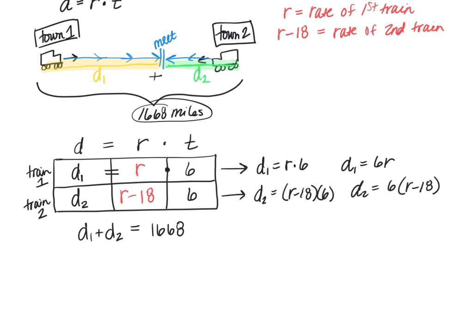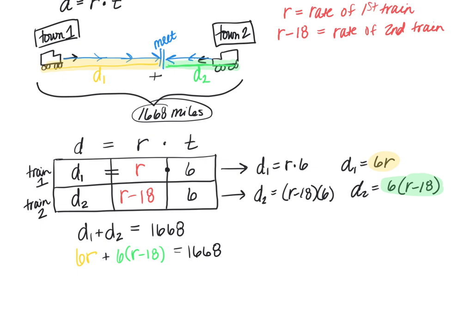So you have these two equations that represent the individual distances, and now you know if you add them together, it's going to equal 1,668. So D1, which is equal to 6R, will get added to D2, which is 6 times the quantity, R minus 18, and that equals the 1,668. So now we have a great algebraic equation to solve.